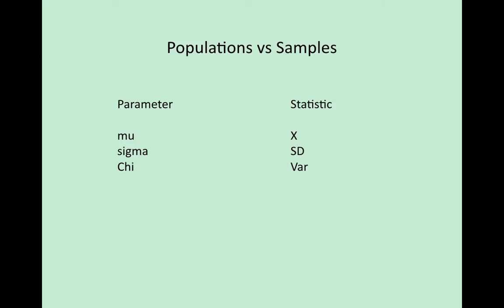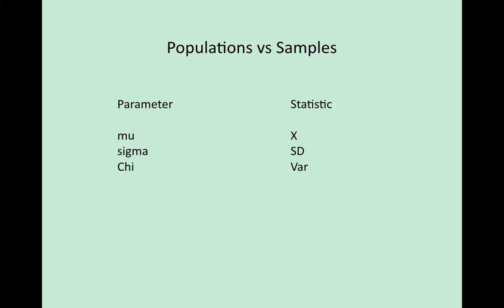For instance, the mean of a population is called mu. The statistic for the mean of a sample is called x bar, okay, or x with a bar over the top of it. Notice one uses a Greek letter, the other uses an English notation.